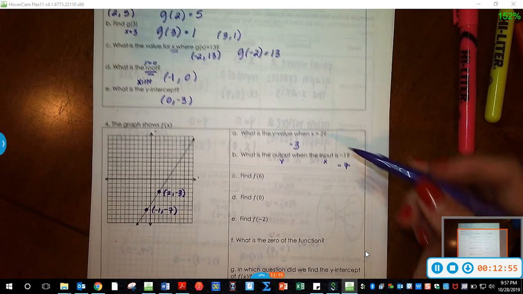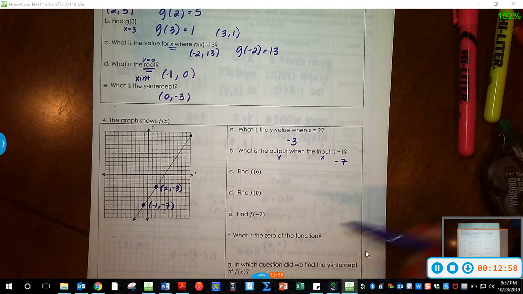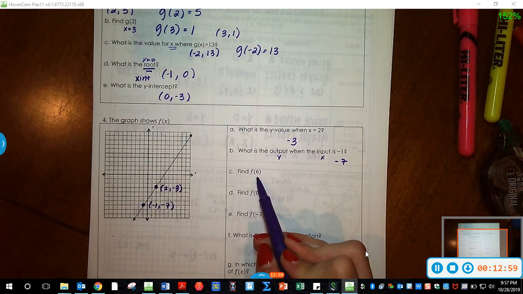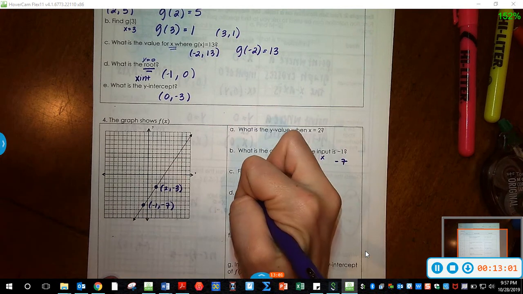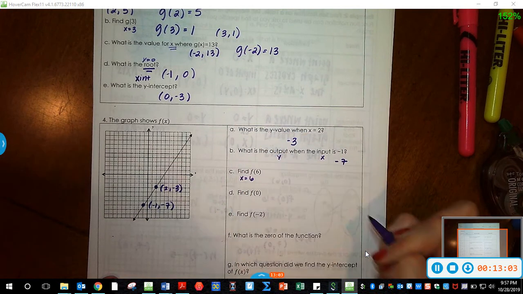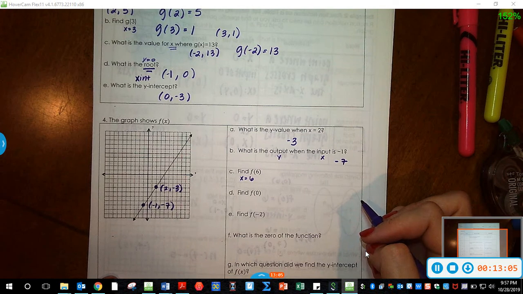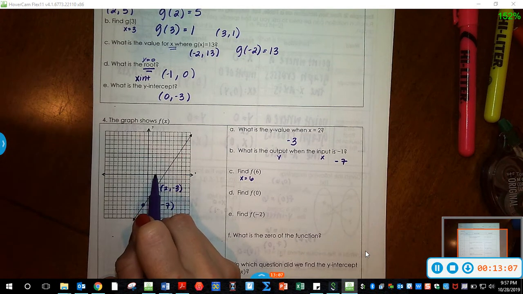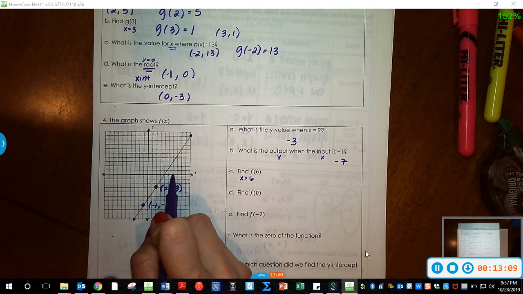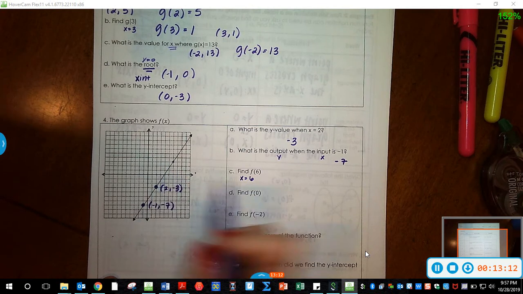But instead of saying x equals, input is, now they're saying f of 6. So we need to know this means x equals 6. So on my x, 1, 2, 3, 4, 5, 6.